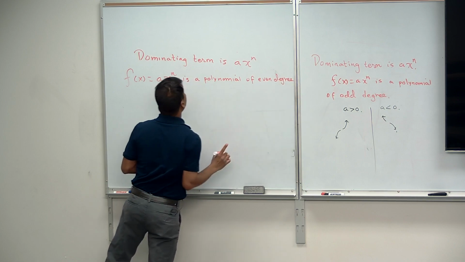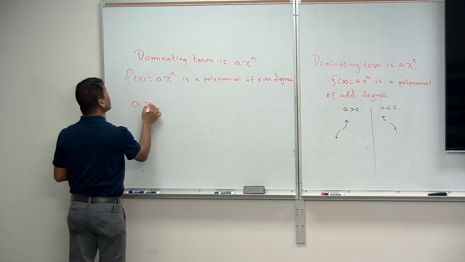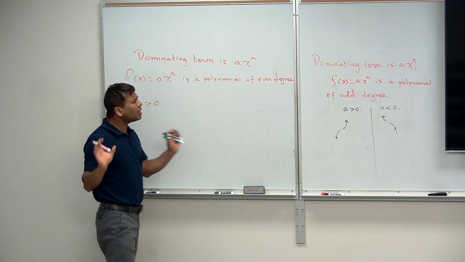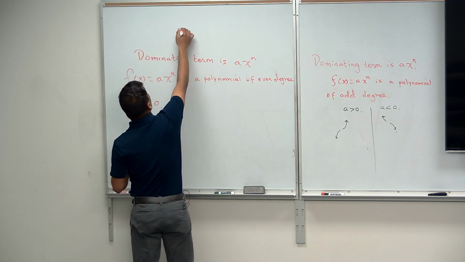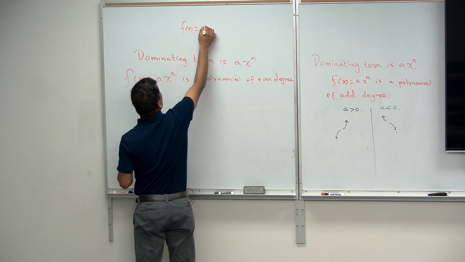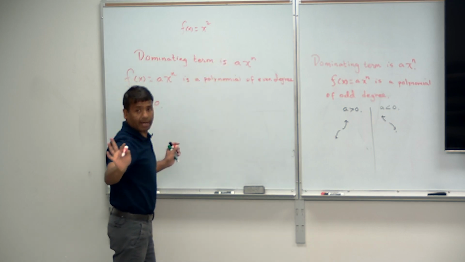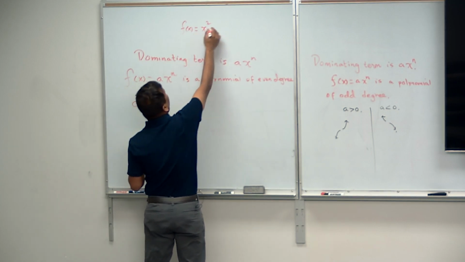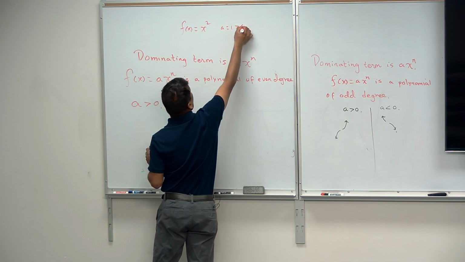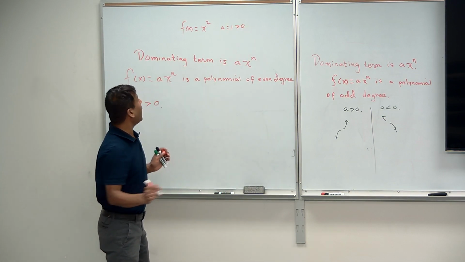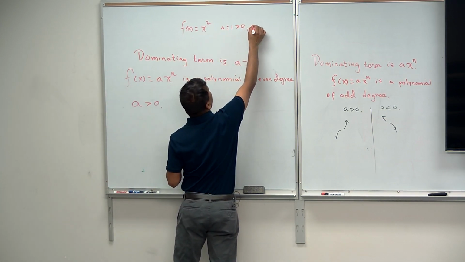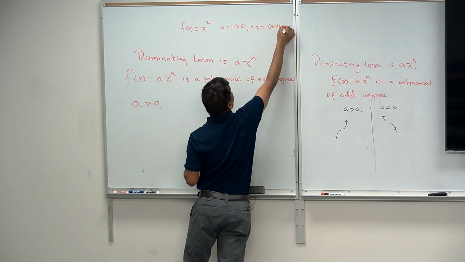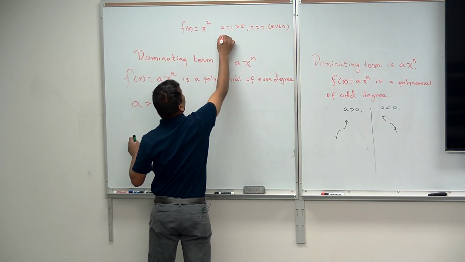Now in this case, if A is positive, just think about this. Let's say a simple polynomial function f(x) equal to x squared, right? So what is the value of A here? 1. This is positive. Are you guys with me? And the value of n is 2, and this is even. Is that right? So what does the graph look like? You guys know that.